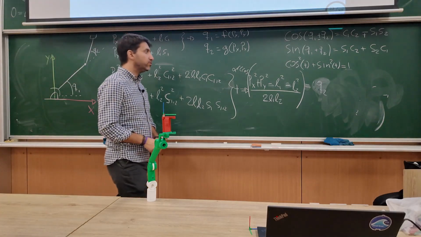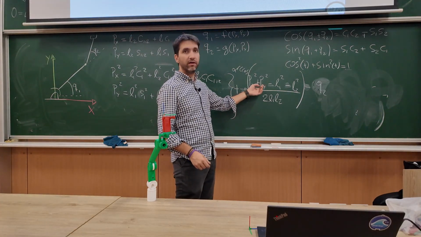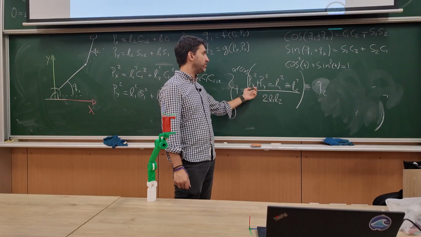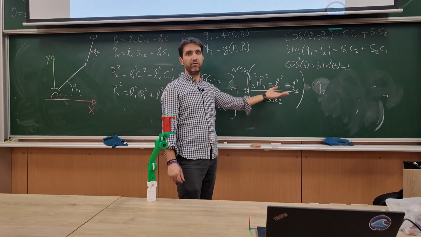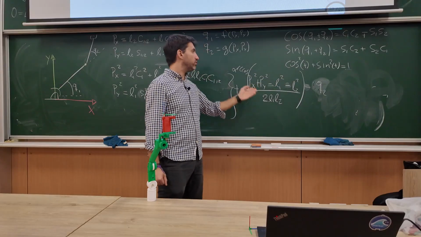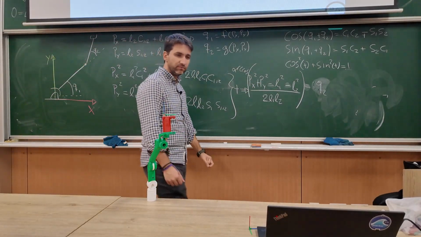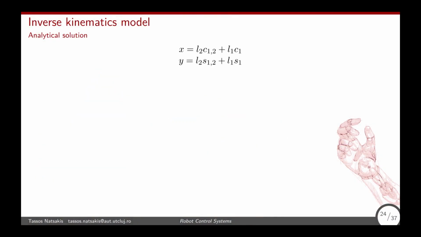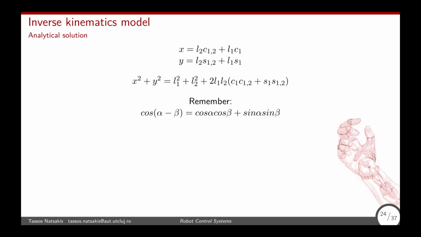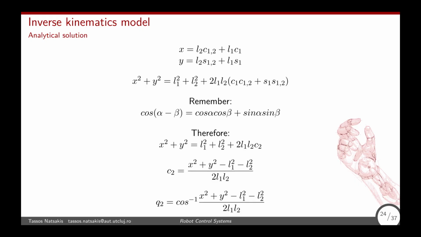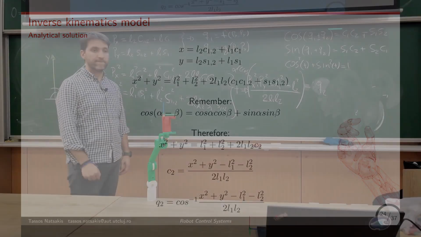I tell you I want to move to Px 0, Py 1. You put the values here, you need to know the lengths of the robot, of course, and you can calculate Q2. All right? So we have it here as well. We square, and then using this one, we can solve for Q2 equals to this one.